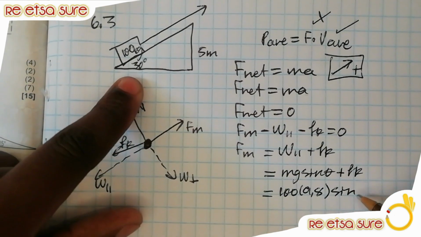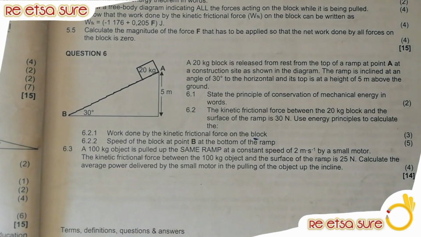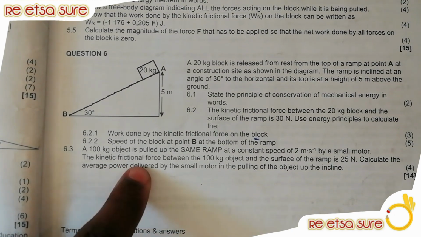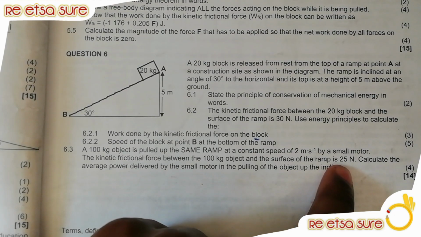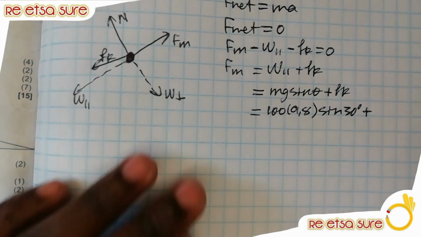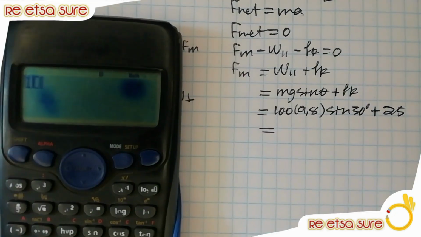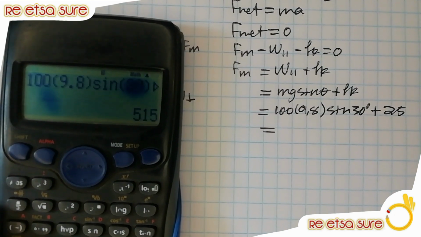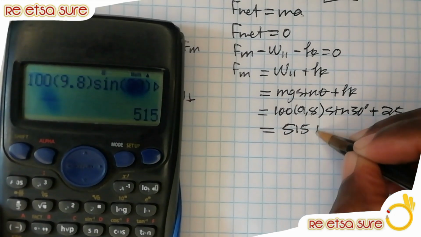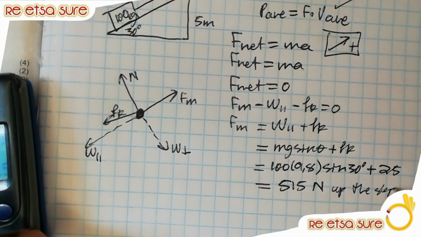Sine of the angle is still 30 degrees, plus, they told us that the kinetic frictional force between the 100 kg object and the surface of the ramp is 25 newtons. So we have plus 25. 100 times 9.8 times sine of 30 plus 25 is 515 newtons up the slope.